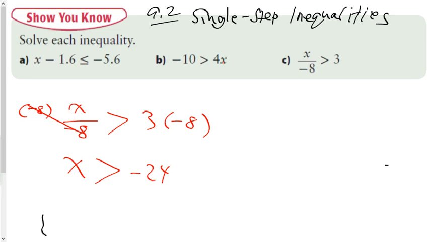So here we go. Here's the caveat note, and this needs to go in your notes.